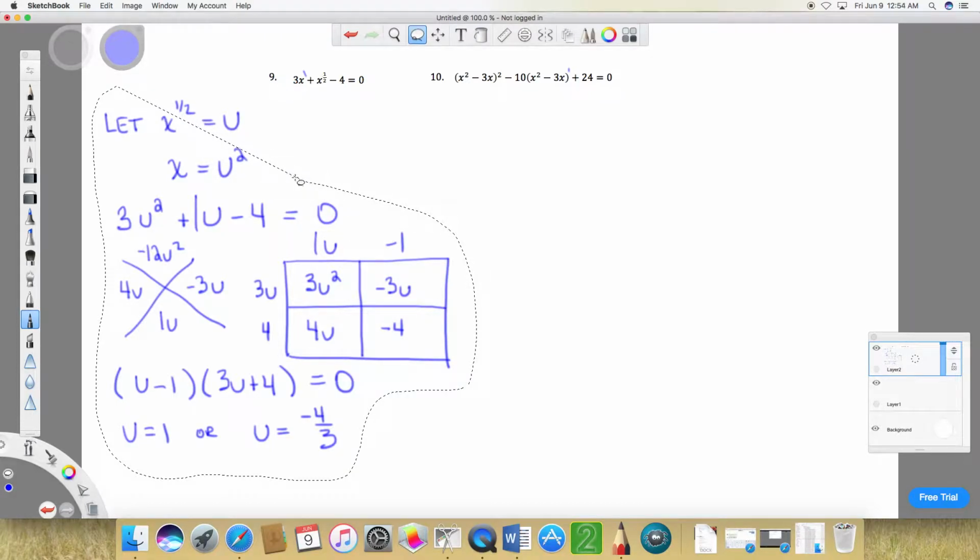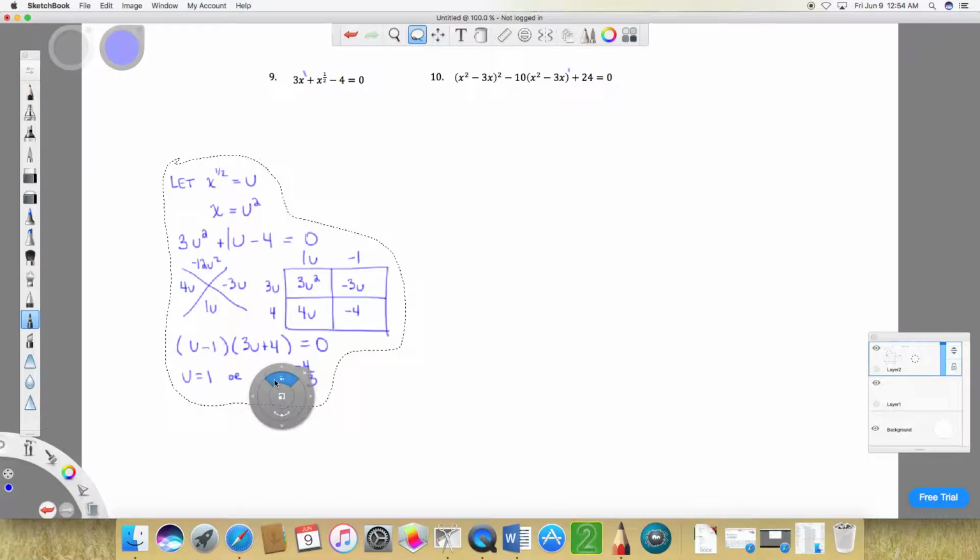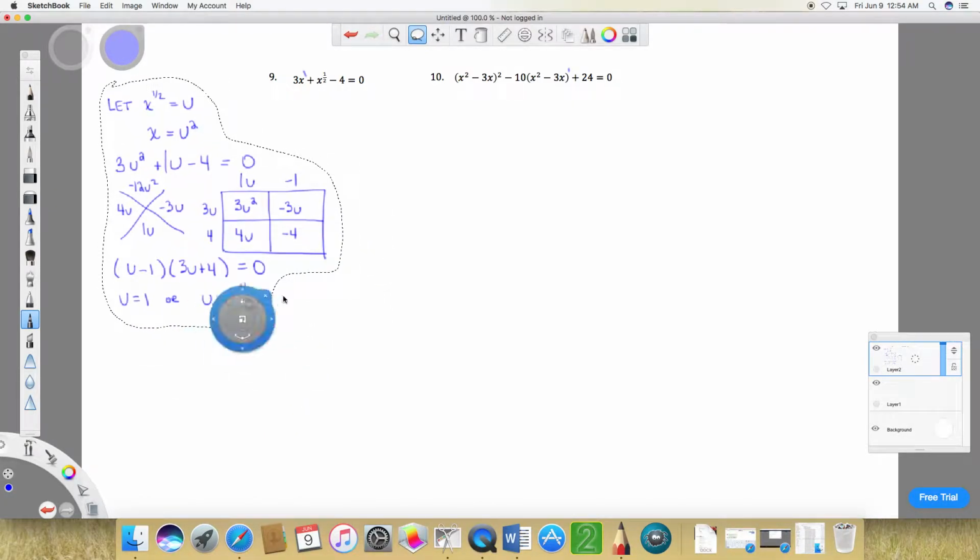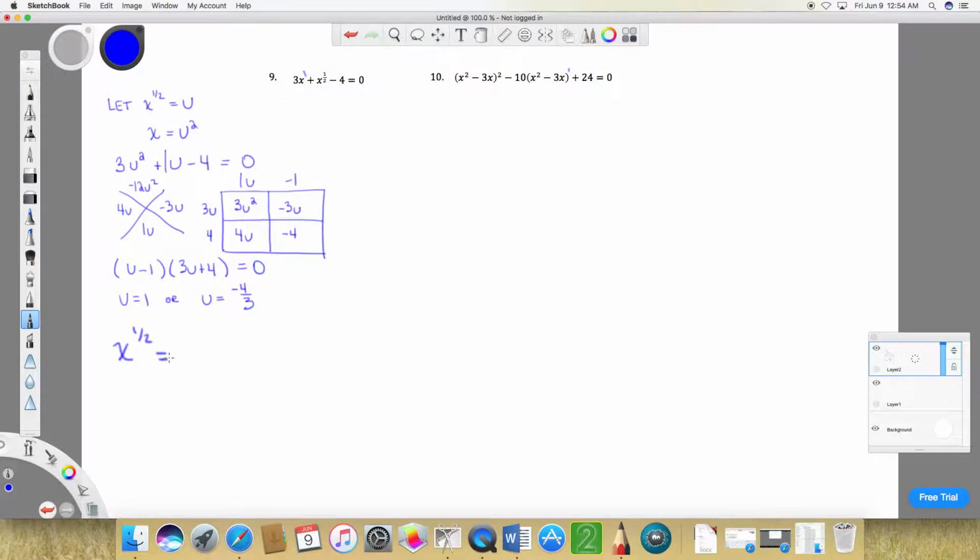We're going to replace u with x to the 1/2 power. So this u, x to the 1/2 power, is equal to 1. And this u over here, x to the 1/2 power, is equal to negative 4/3.